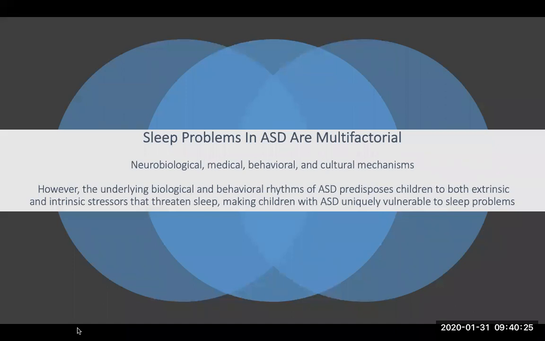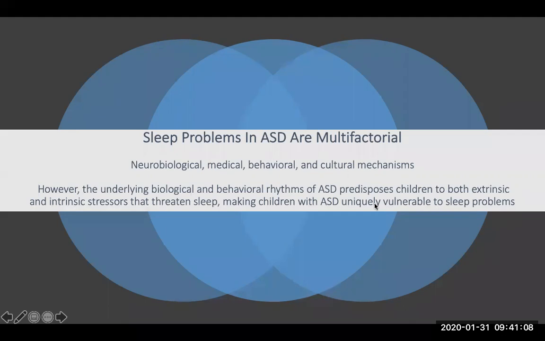So something that is really important is why do these kids with autism have so many sleep difficulties? The sleep problems are multifactorial. There's no one cause for sleep problems in kids with autism, and it varies from kid to kid. However, something to keep in mind is that individuals with autism have underlying neurological and behavioral rhythms that predispose them to have sleep problems. The sleep problems they have can be caused by extrinsic or intrinsic stressors that affect their sleep and make them more vulnerable.